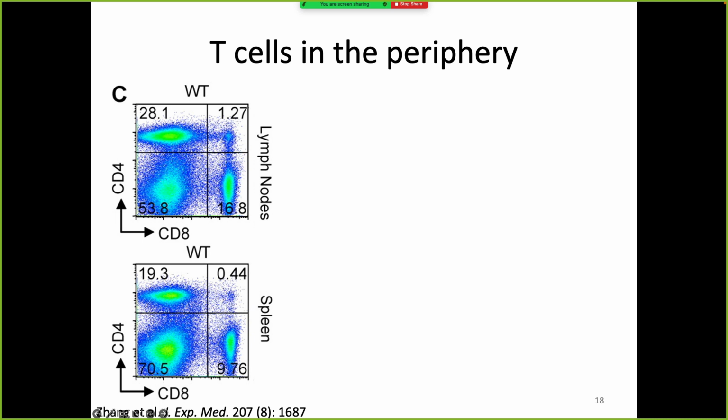You can see that in these images, we also have a number of cells that are neither CD4 positive nor CD8 positive. What are those cells?